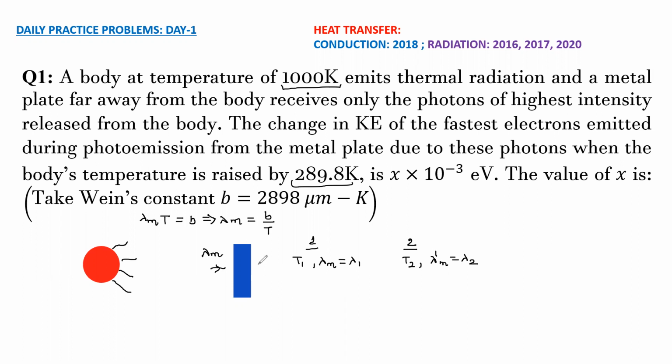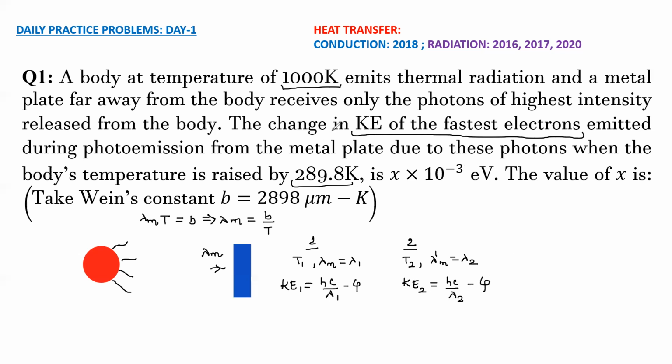Now, when such radiation falls on a metal plate, they're asking about KE of the fastest electron. So the highest kinetic energy electron will have KE1, you know, that is equal to hc by lambda 1 minus the work function phi here. Here, the kinetic energy of the fastest electron will be hc by lambda 2 minus phi.